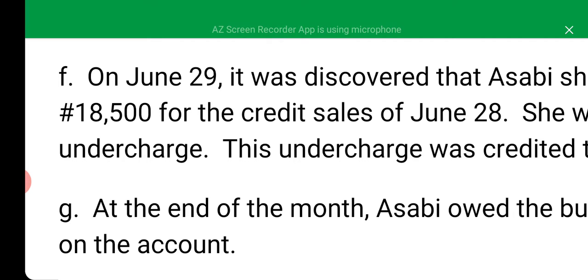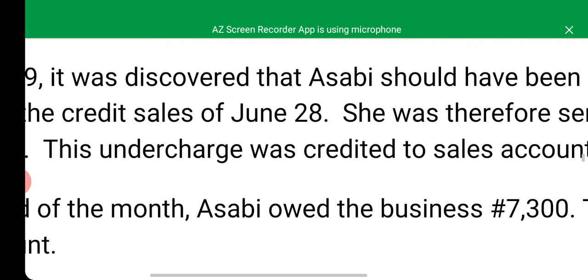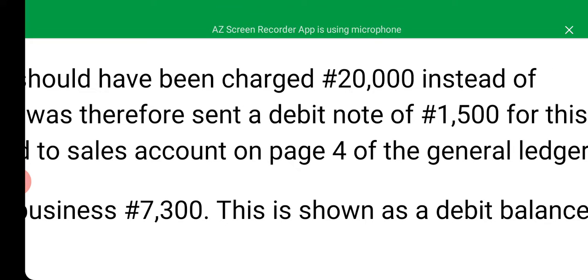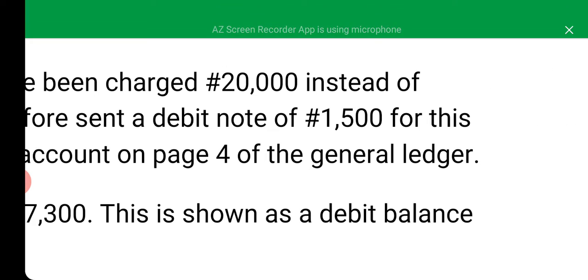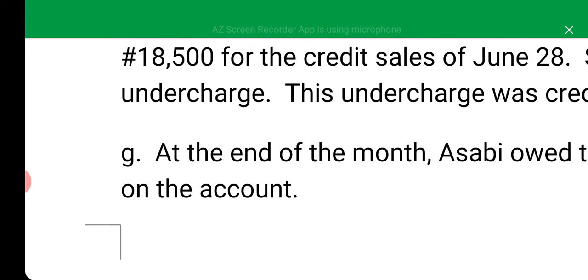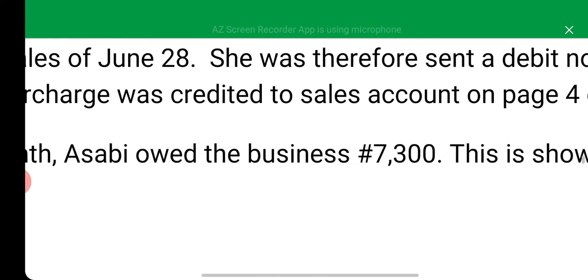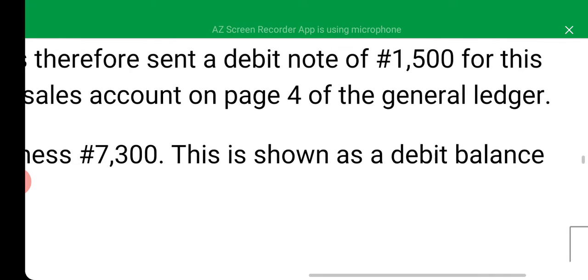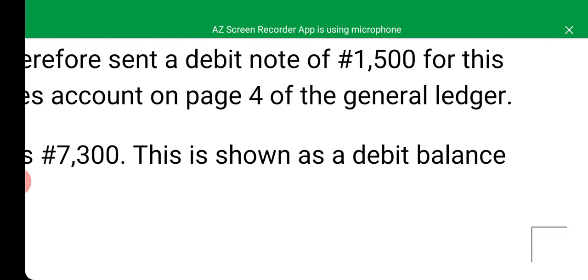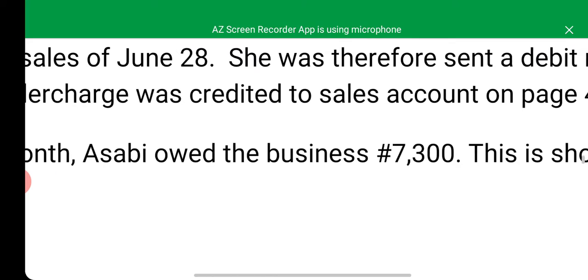If you look at the dates in the ledger, sales June 28, 18,500. So she was therefore sent a debit note. The money was undercharged by 1,500. So this undercharge was credited to sales account on page 4 of the general ledger, and that's why you have it recorded on June 29 as 1,500.